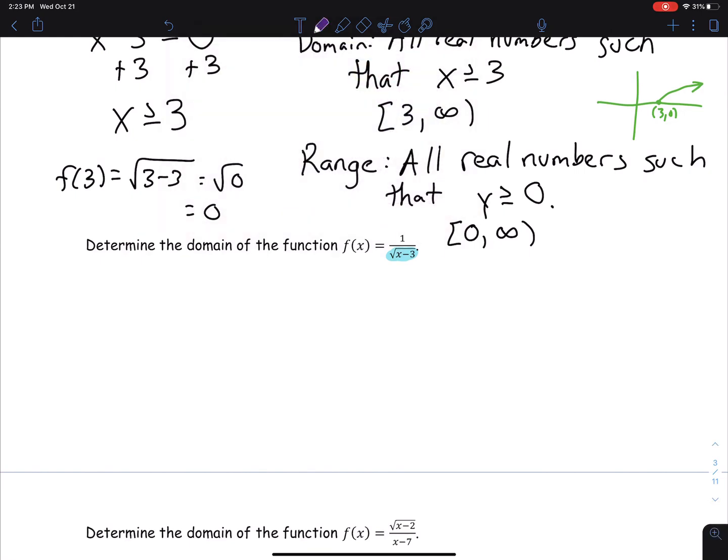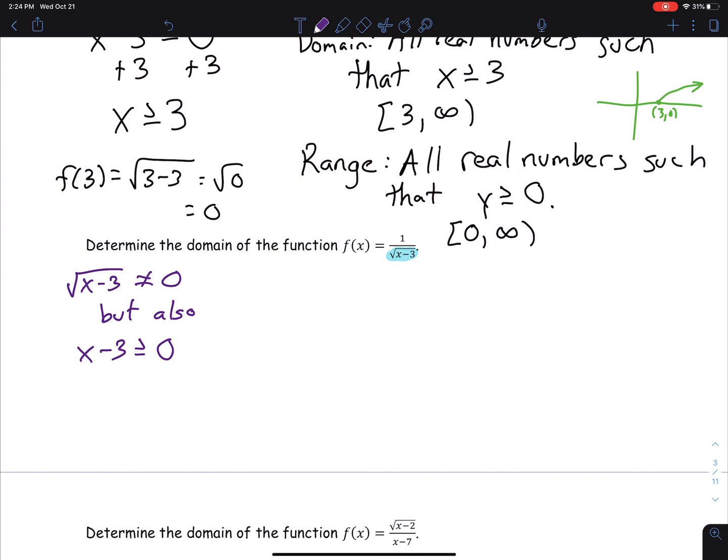So you could do this one step at a time, or you can combine both stipulations. So what I'm going to do first is, we know that the square root of x minus 3 cannot equal 0. But we also know that x minus 3 has to be greater than or equal to 0.